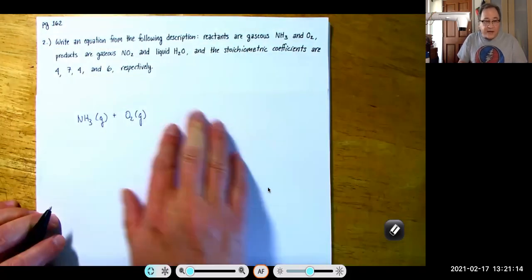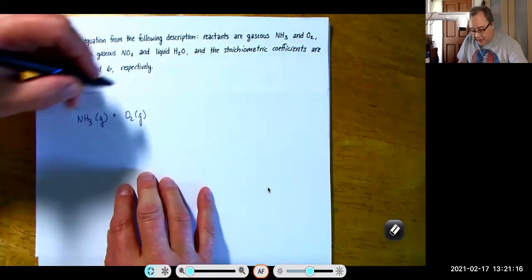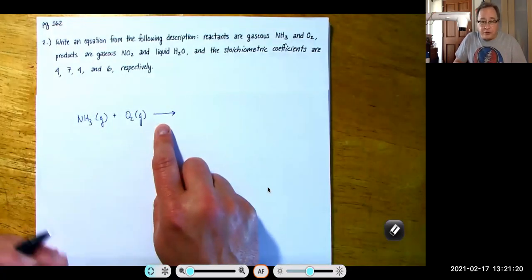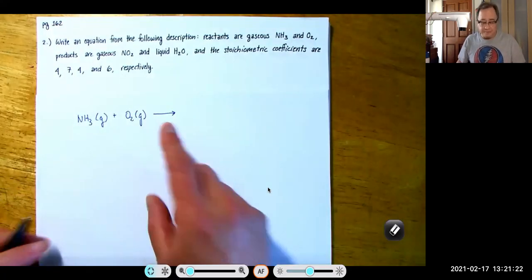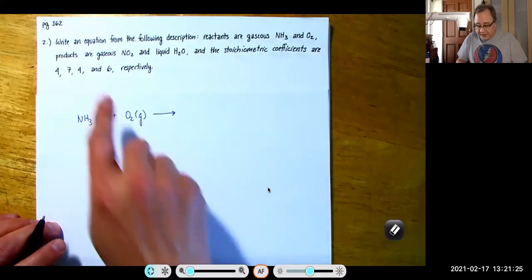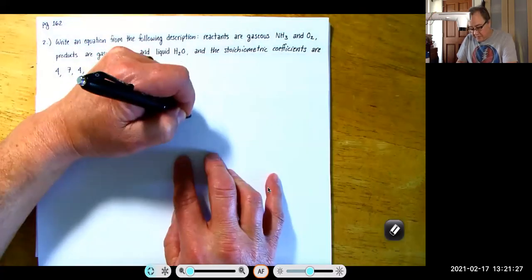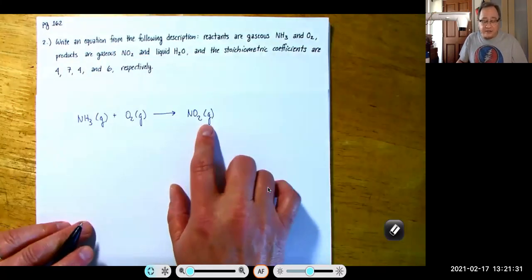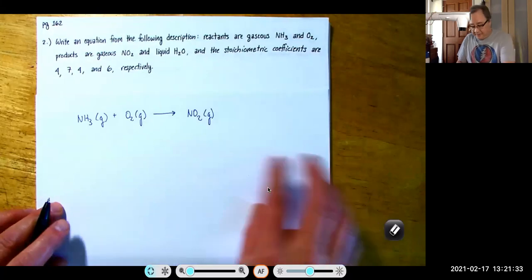And when you have things react together, the normal thing to do is put an arrow. And that means they become, or they produce, or they make. And we have gaseous NO2. So again, we're going to put the state in parentheses behind the formula of the compound.